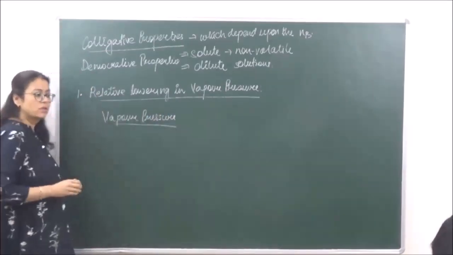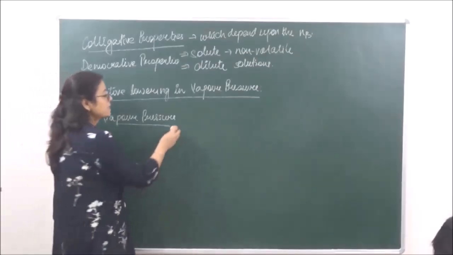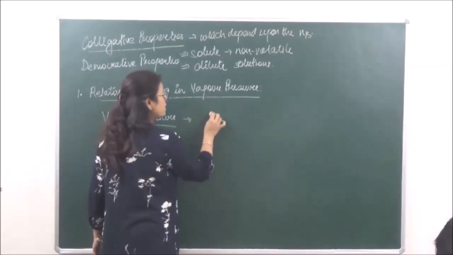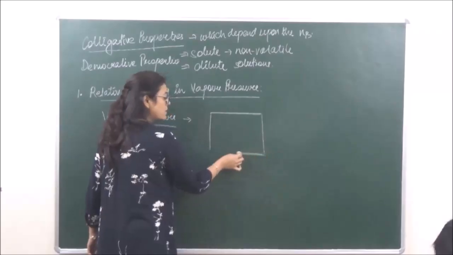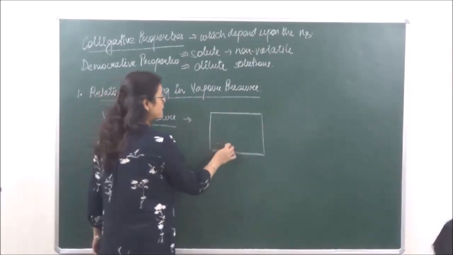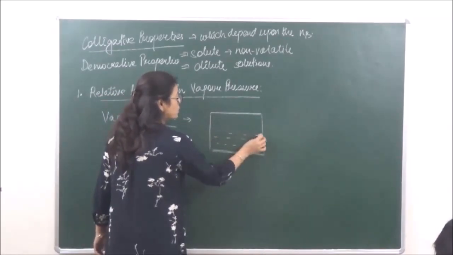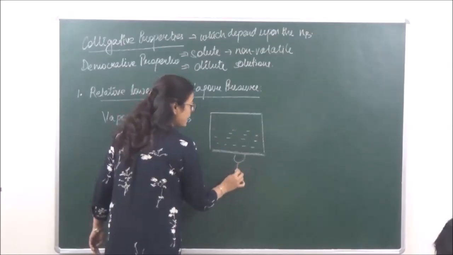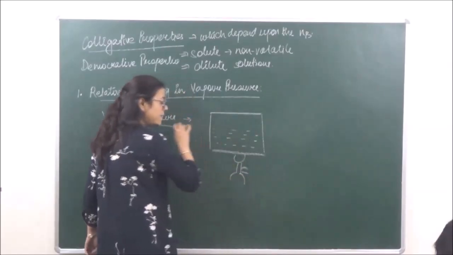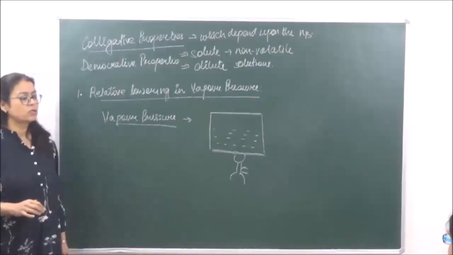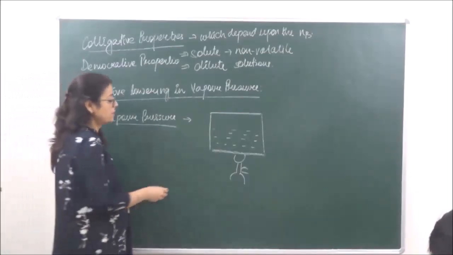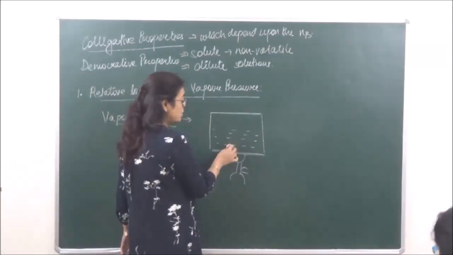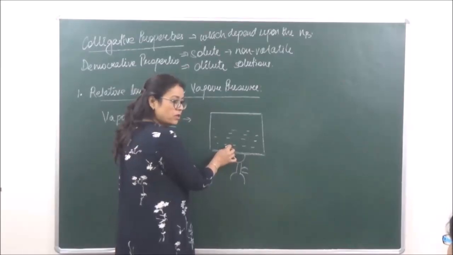To understand the term vapor pressure, we take a closed container, and in this, let's say we are taking water and we are heating this water taken in a closed container. What will happen when temperature is increased and the boiling point of water is reached?